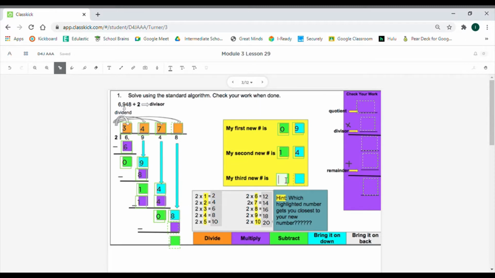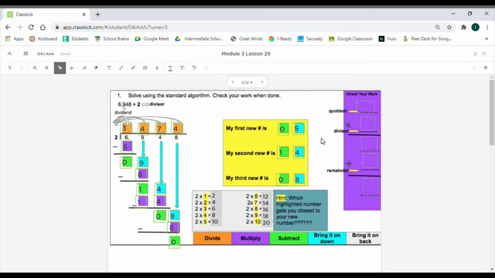Bring down my 8. My third new number is 8. Our new number tells us what we have to divide. 2 goes into 8 how many times? 4. We just put a 4 at the top. Our divisor is 2. 2 times 4, what do we get? 8. 8 minus 8, what do we get?